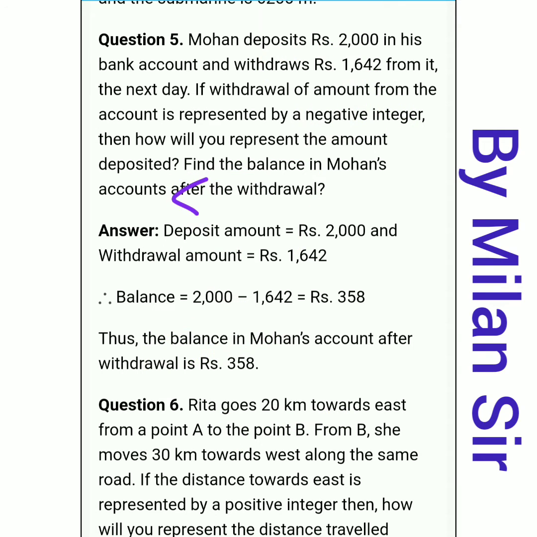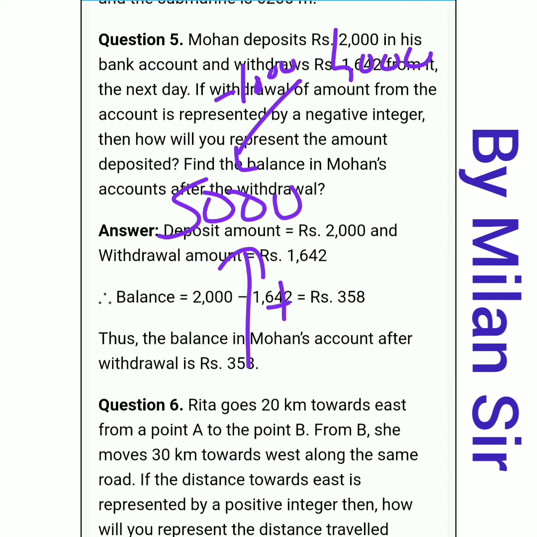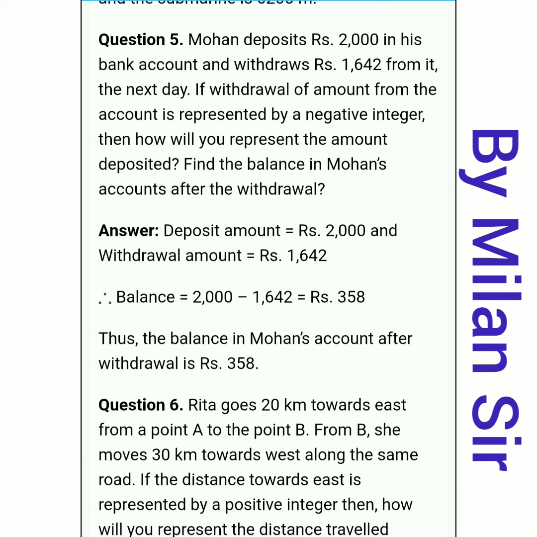If we have 5000 and withdraw 1000, then minus 1000, and our answer is 4000. If we deposit, we add the deposit amount, so it becomes 7000. So for deposit we use the plus sign, and for withdrawal we use the negative sign. Now read the question.